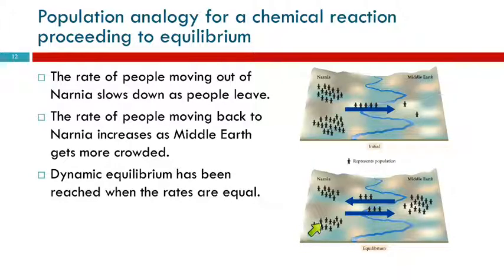Now, the population here might be larger than there, because this might be a nicer place to live. The climate might be better. Or the natural resources are better or something. So the number of people on each side of the river is not the same. And it's not always the same people. There's people moving back and forth, but in a dynamic equilibrium, the rate of change is the same in both directions. Dynamic equilibrium.